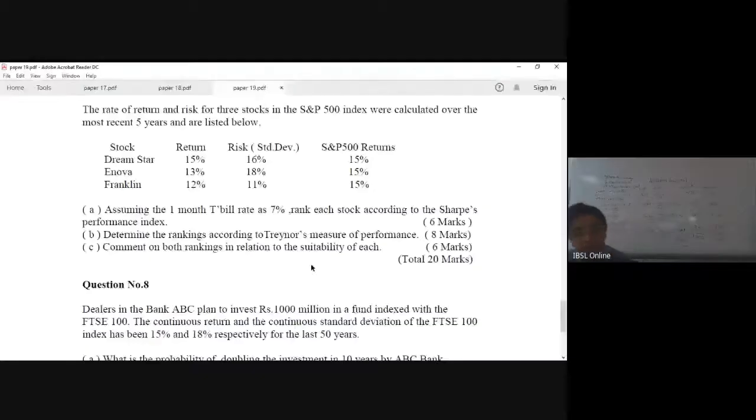Now Innova's return is 13%, so 13% is equal to 7% plus 15 minus 7 into beta. So you get 6 divided by 8. So therefore it should not be 1.1 something, but it should be a figure which is less than 1.